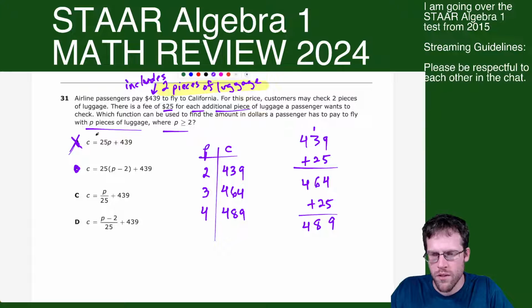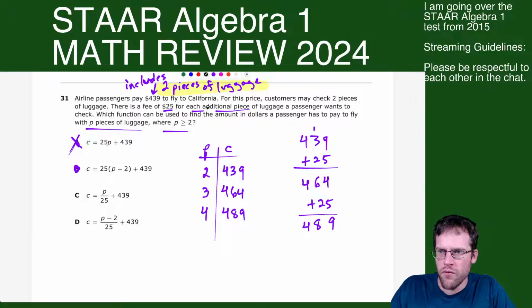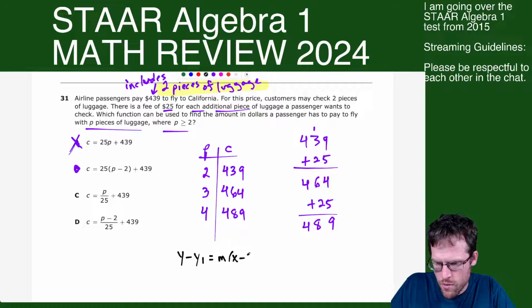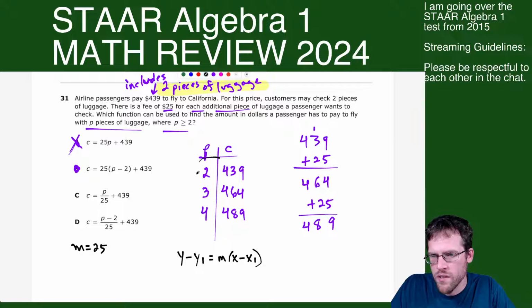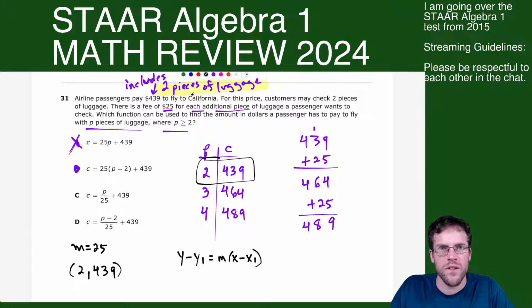The reason being is we are writing the equation of a line, y minus y1 equals m times x minus x1. Our slope, m, is 25. So that part is good. But our starting point is here. 2 pieces of luggage is going to cost us $439. The $439 to fly to California includes 2 pieces of luggage.